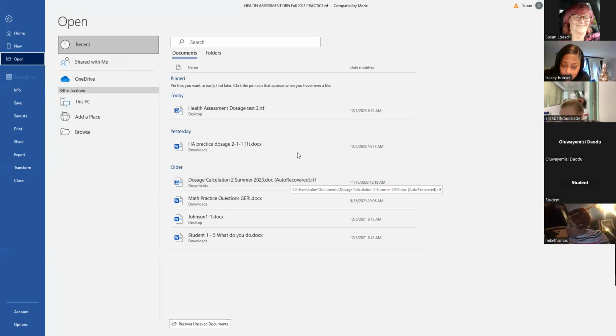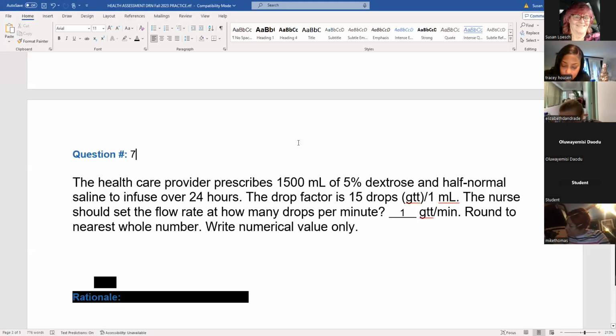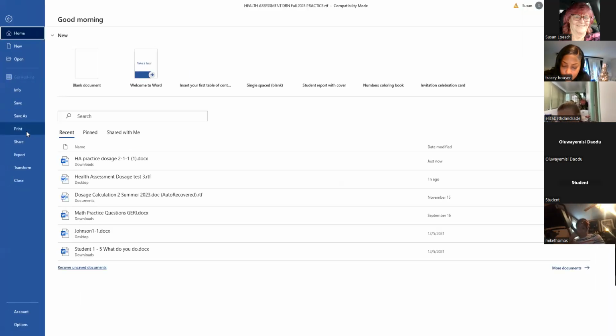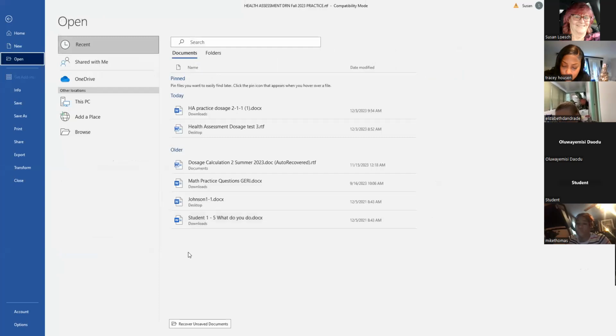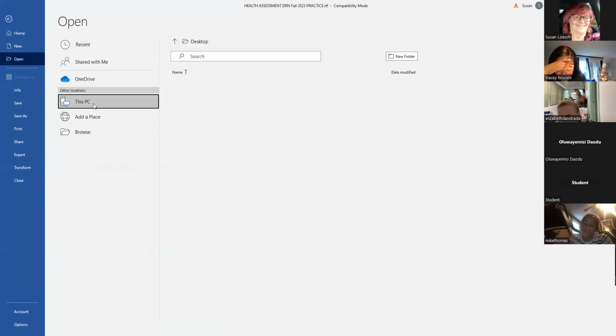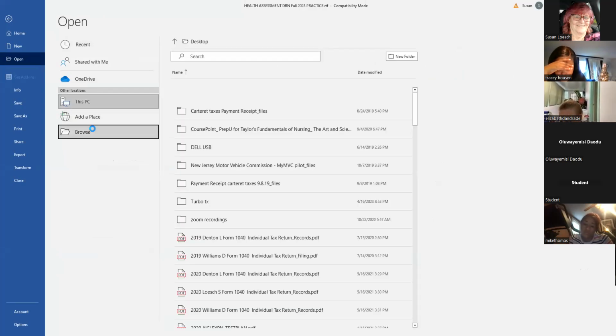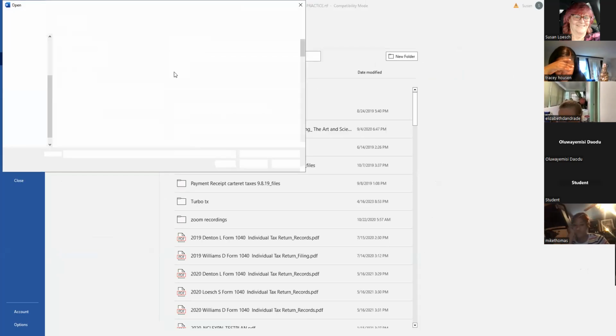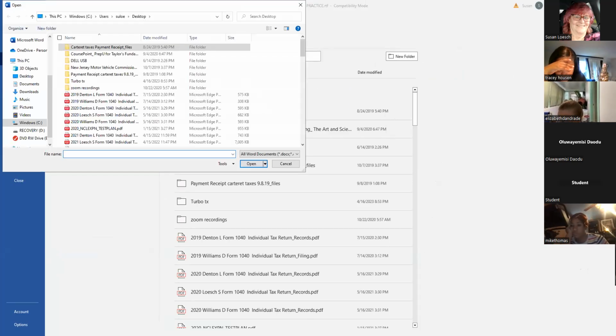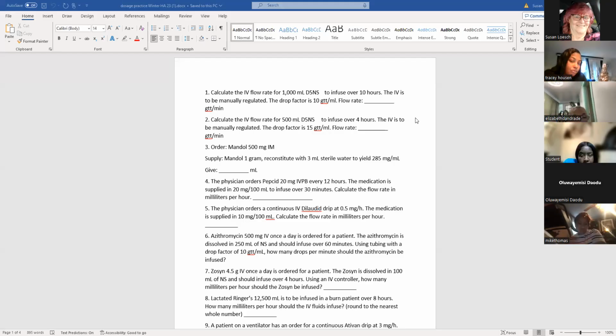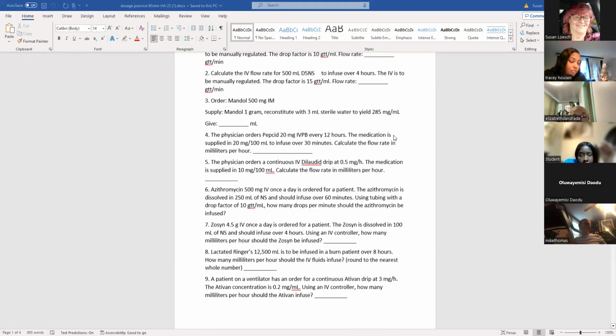Let me see if I can find it. We were done with 5, and that one was only 5. Let me see if I can pull it up from another spot.